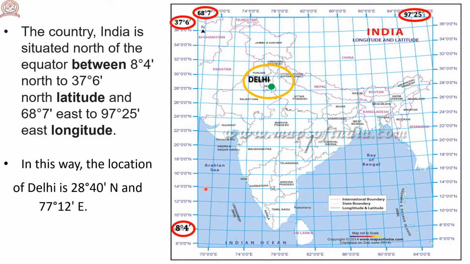The country India is situated north of the equator between 8 degree 4 minutes north to 37 degree 6 minutes north latitude and 68 degree 7 minutes east to 97 degree 25 minutes east longitude. In this way, we can say that the location of Delhi is 28 degree 40 minutes north and 77 degree 12 minutes east.